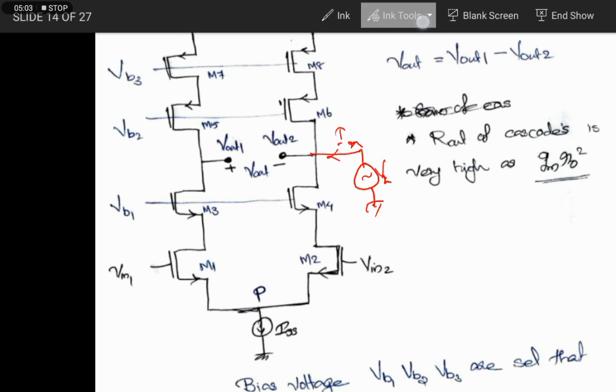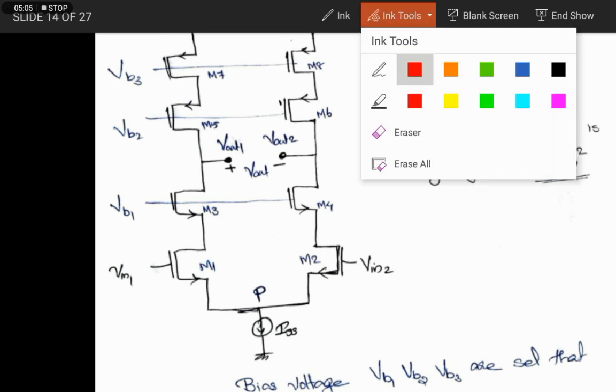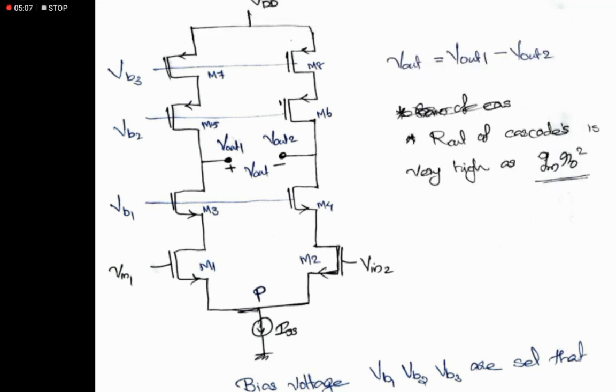To avoid that, we split the resistance Rout into two paths. The lower path we denote as Rn and the upper path as Rp, and then we evaluate the values of Rn and Rp with respect to the output terminal. Considering Rn, the lower path, M4 is cascoded by M2.